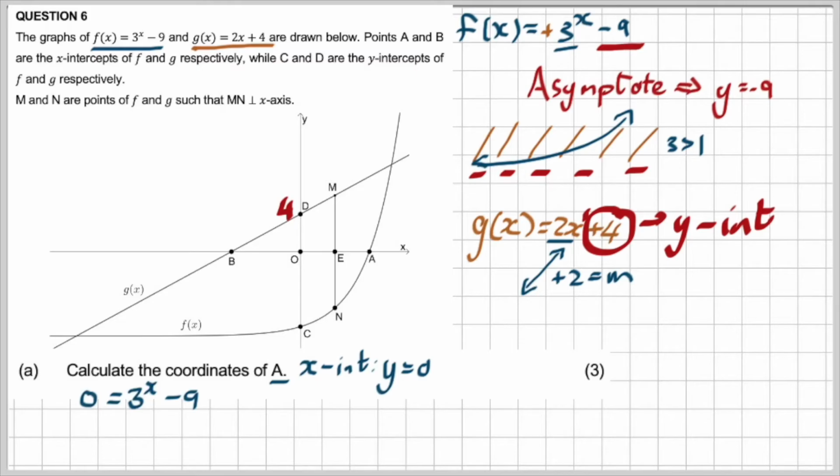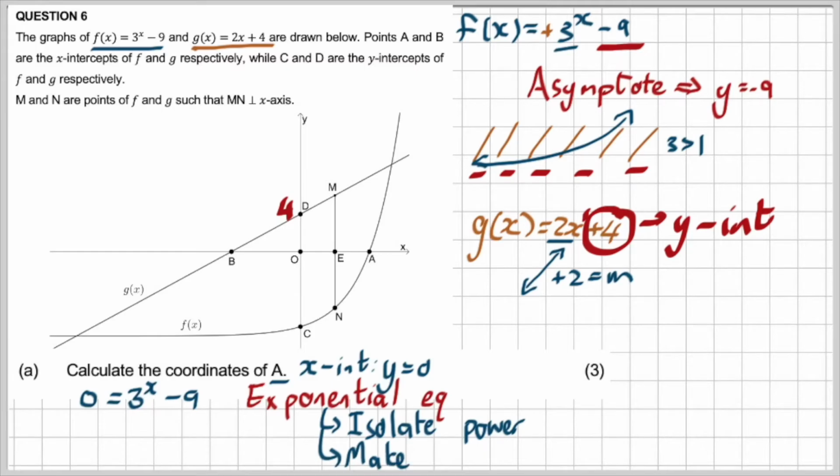Now, please just wait a moment. What kind of an equation is 3 to the x minus 9? It is an exponential equation. When you look back, ladies and gents, how do I solve exponential equations? I isolate the power, I make the bases equal, and then I also make the exponents equal.